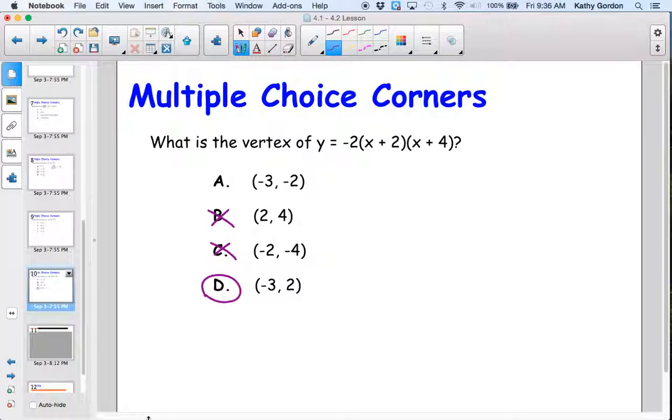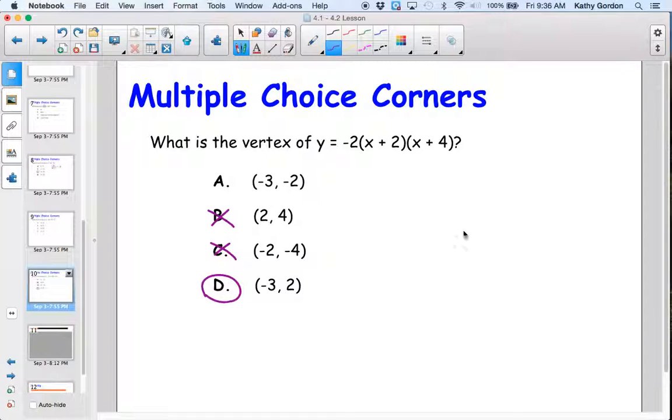What you have to be careful about, and I wasn't being quite tricky enough, because honestly I was putting this together about 10 o'clock last night. But what you have to be careful about here is to not take the +2 plus the +4 to divide by 2. It's got to be those opposites again. Because the general form is x minus p and x minus q, and it's p plus q divided by 2.